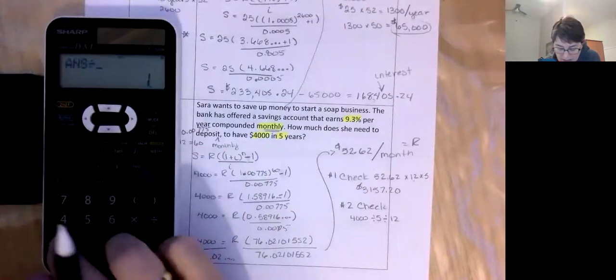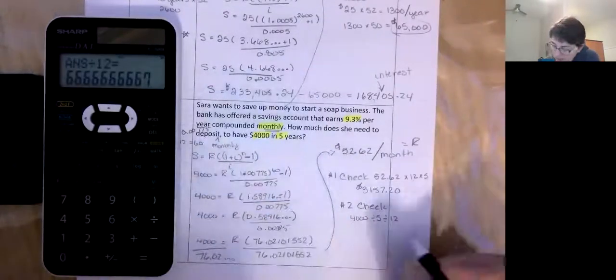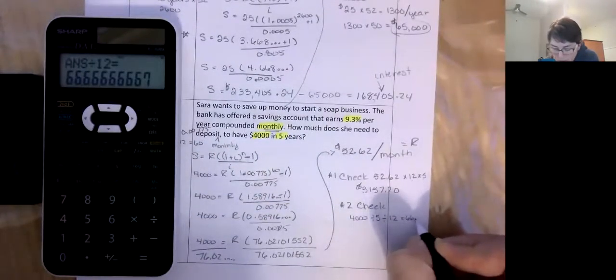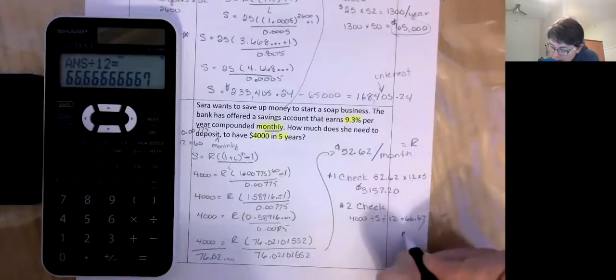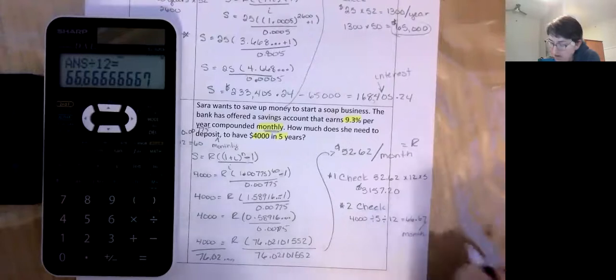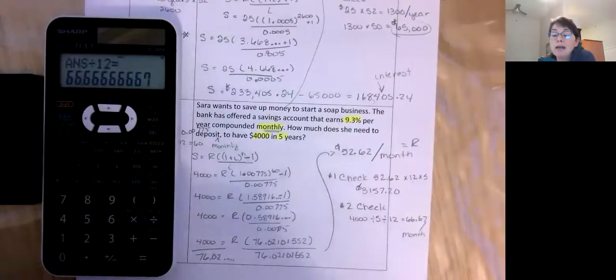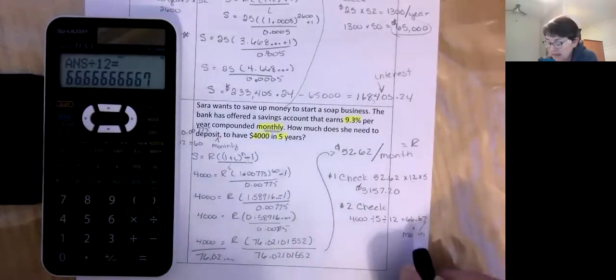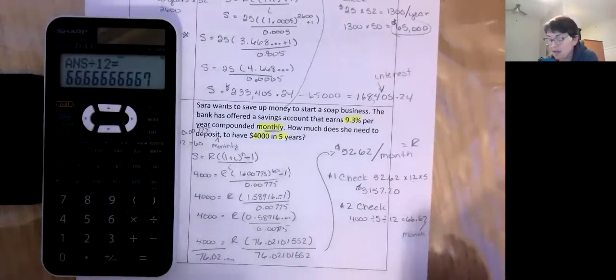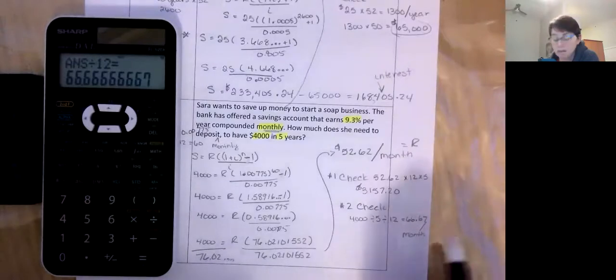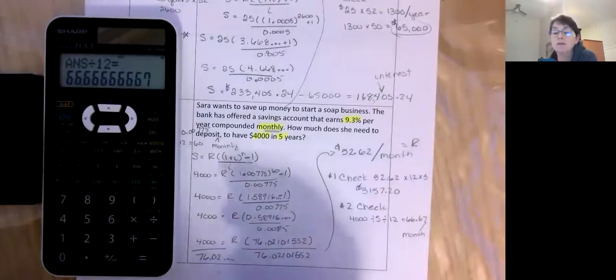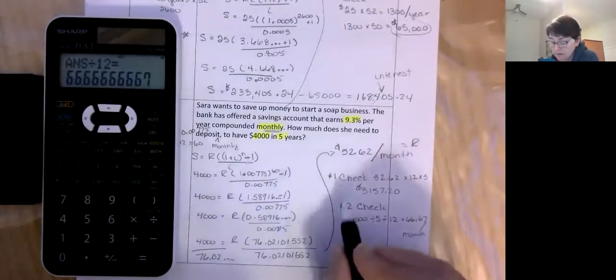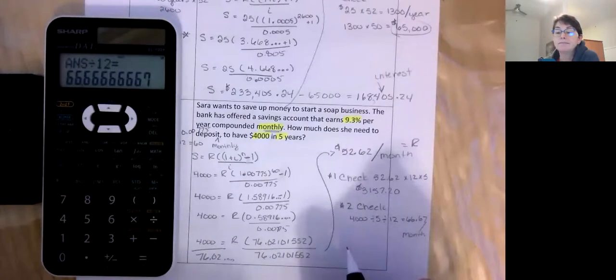And then if we divide that by 12, that gives you 66.67 per month. So if she didn't put it in the bank, if she just stored it in her sock drawer, she'd need to put $66.67 away every month. So our number of $52 is fine, because this is saying that there's some interest involved. So 1 check or 2 checks.